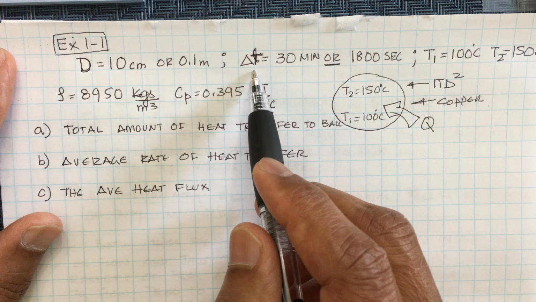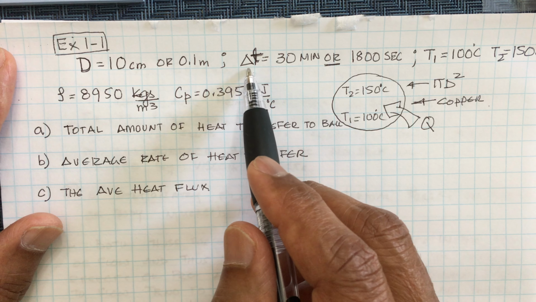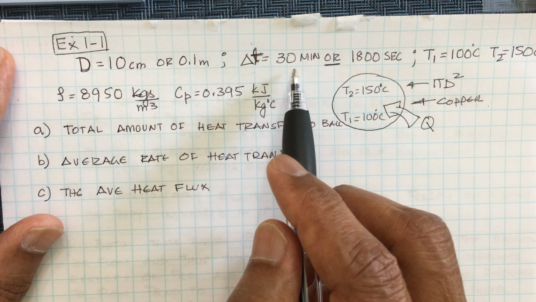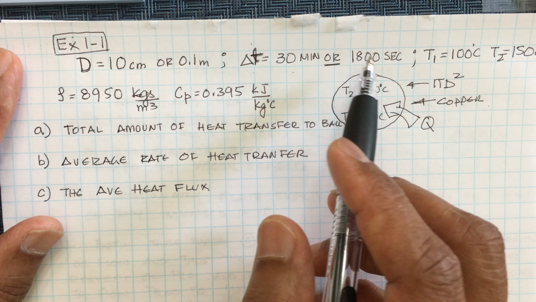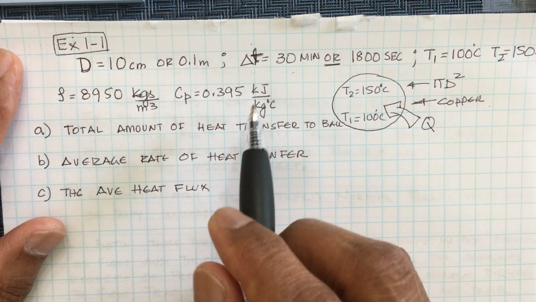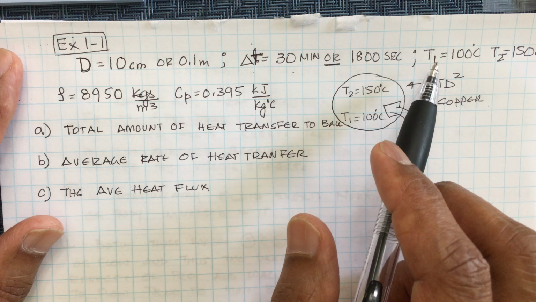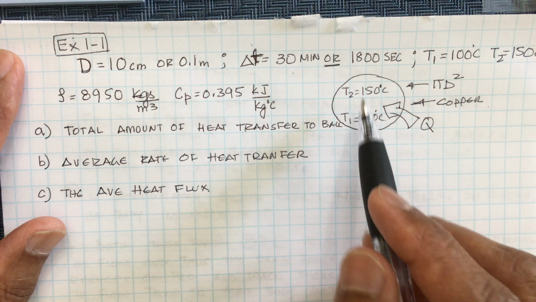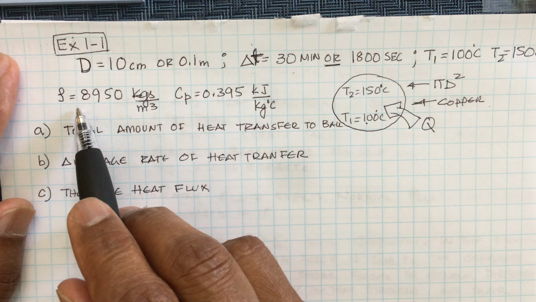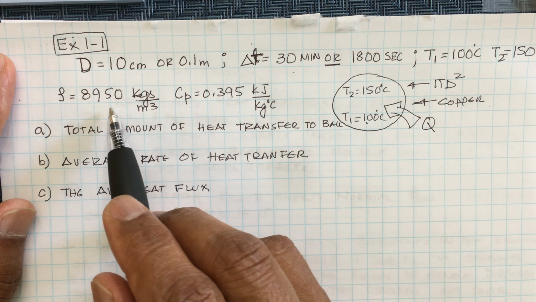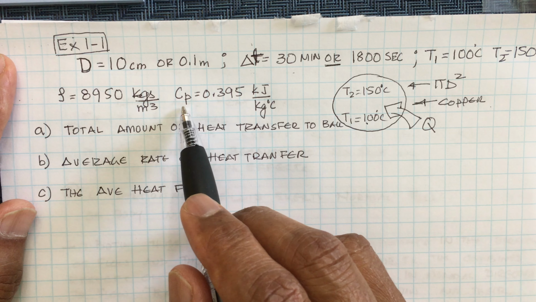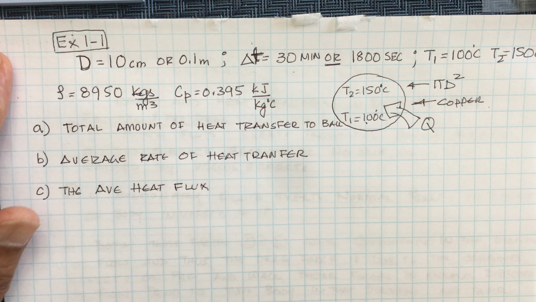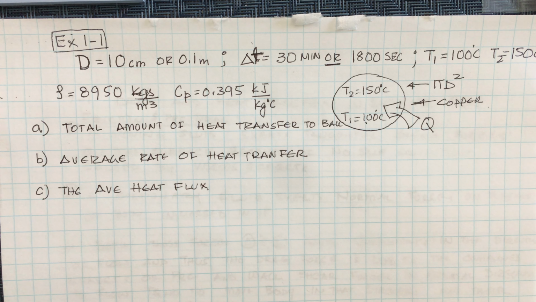The time it took, delta t, is 30 minutes. We want it in seconds, so I convert into seconds. T1 is the temperature, 100 degrees, and T2 is the temperature it has raised to, 150 degrees. The density was given as 8950, and specific heat is given. So let's start with the question of the total amount of heat transfer to the ball.